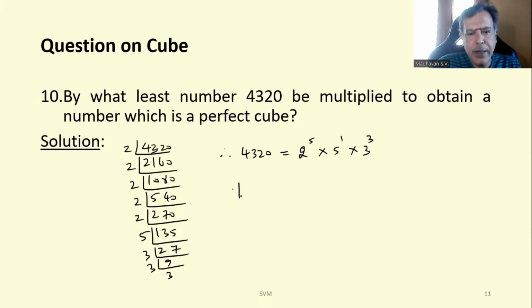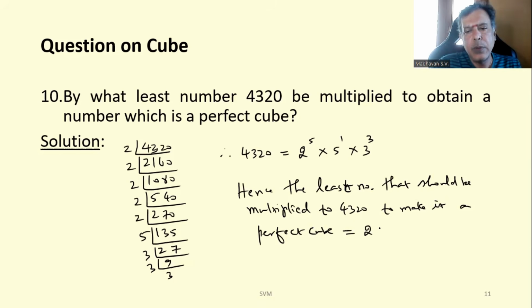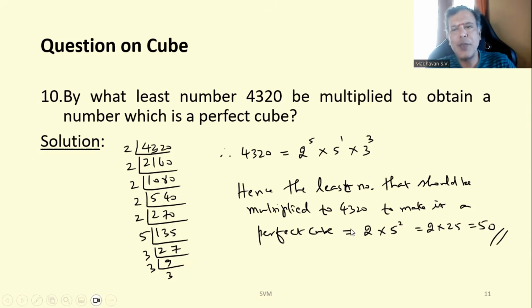So hence the least number that should be multiplied to 4320 to make it a perfect cube will be 2 multiplied by 5 square, which is 2 multiplied by 25. So it becomes 50. So 50 is the number to be multiplied.